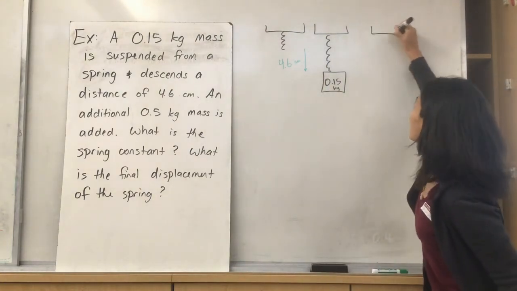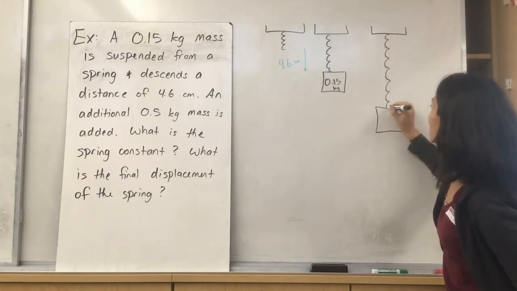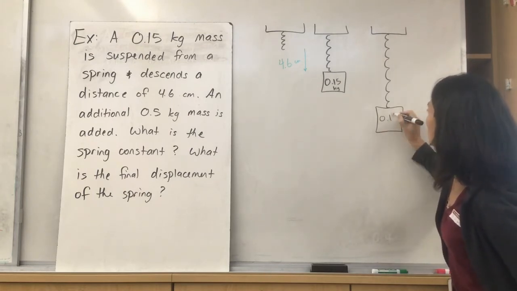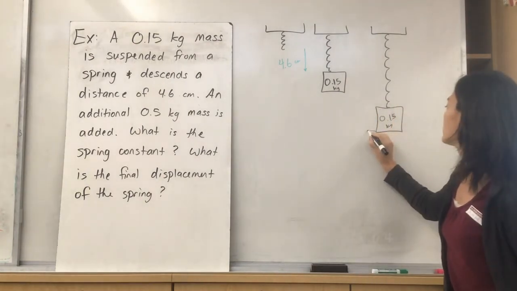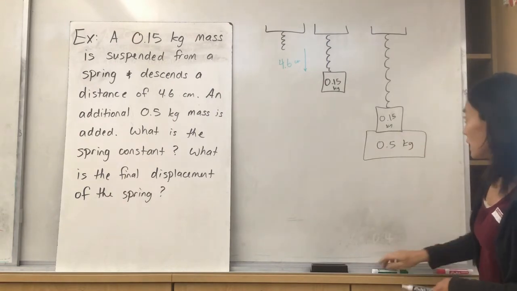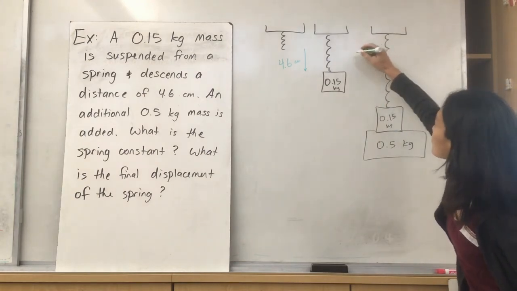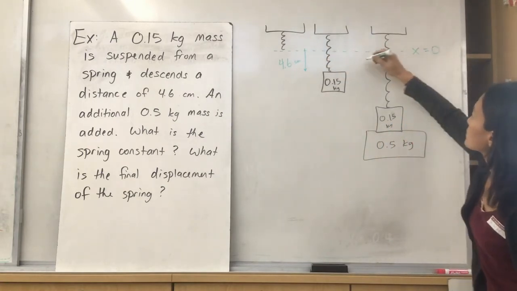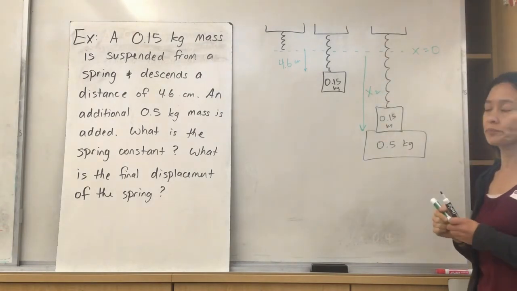And then I've got this 0.15, and I add another mass of 0.5. And it's going to move down even further, if I think of this as my x equals 0, it moves down even further, okay?